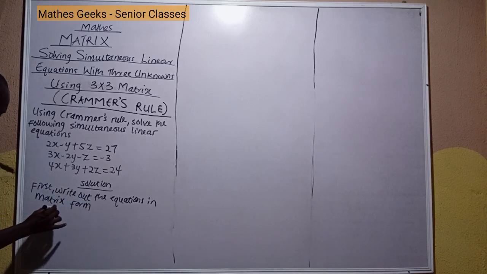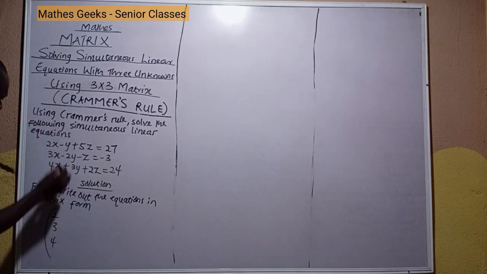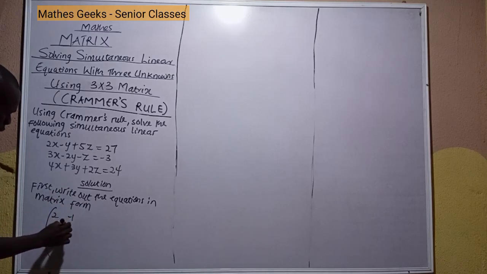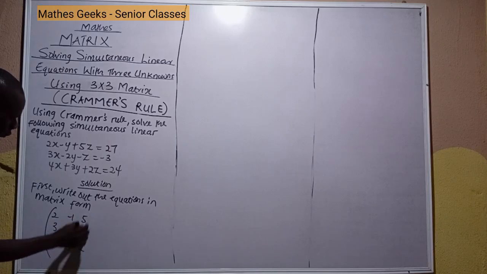We're going to have vertically, only the coefficients, 2, 3, 4, minus 1, minus 2, 3, 5, minus 1, 2.